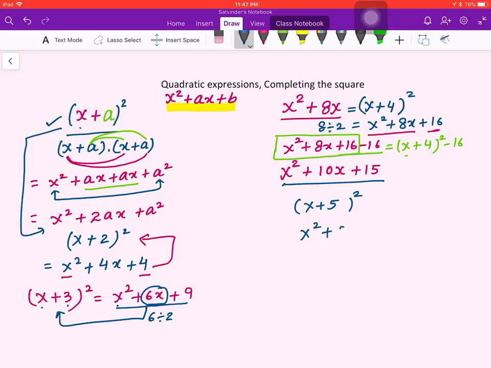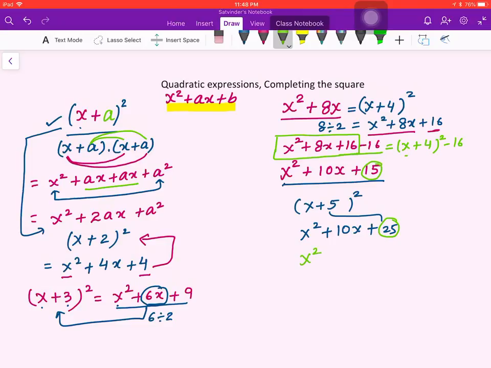x squared plus, maybe double of that, so 10x, and plus 5 squared is 25. But in my original expression I have 15. So this 15 and this 25 are not the same, so you need to make some arrangements. Arrangements you can only do with these numbers.